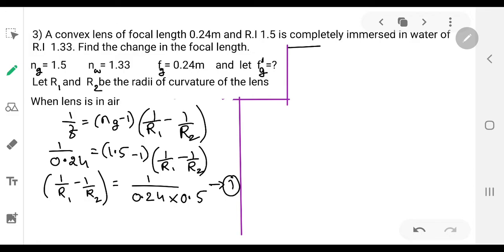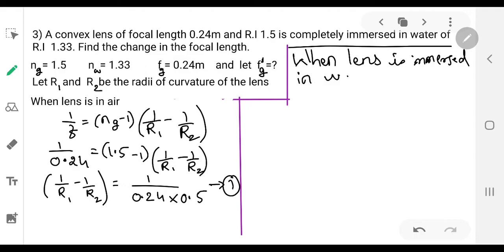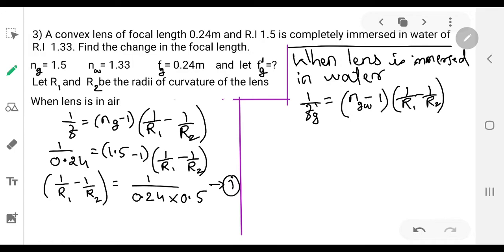Now, when the lens is immersed in water, the equation becomes 1/f'g, the focal length of the glass when it is immersed in water, = (n_gw - 1)(1/R1 - 1/R2).